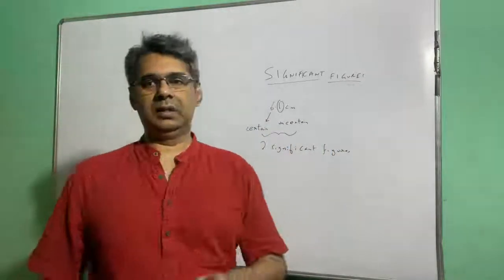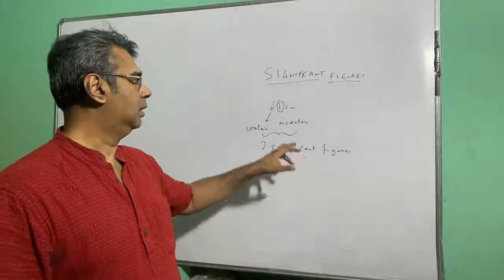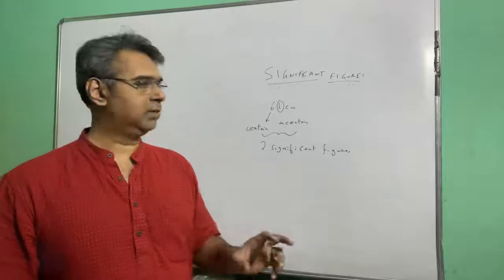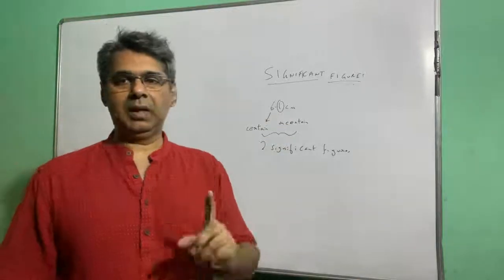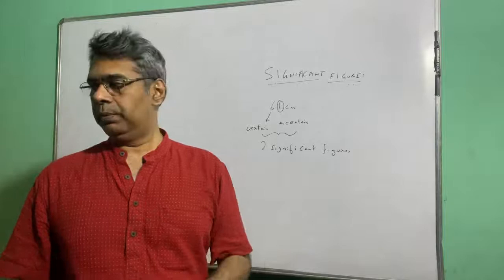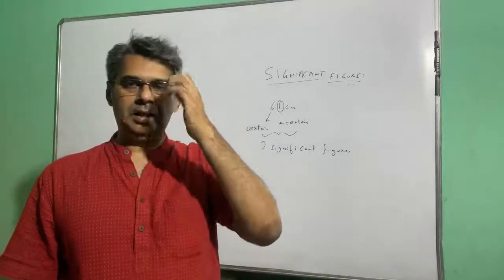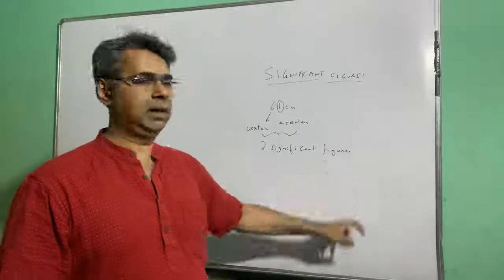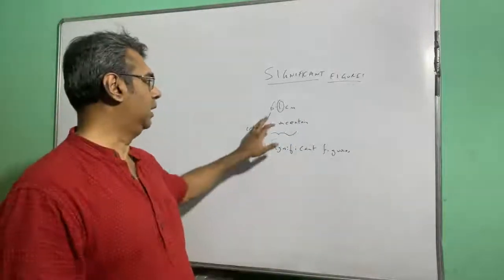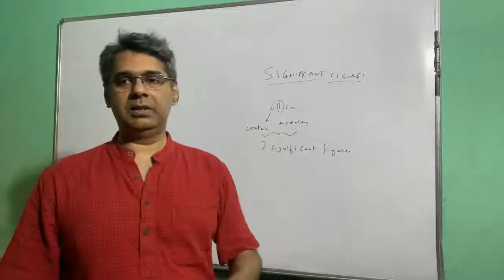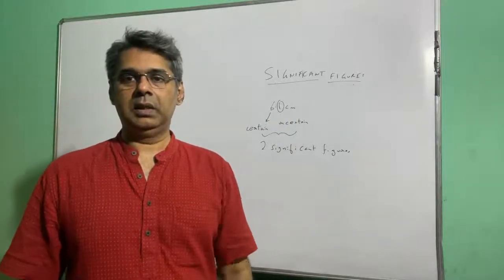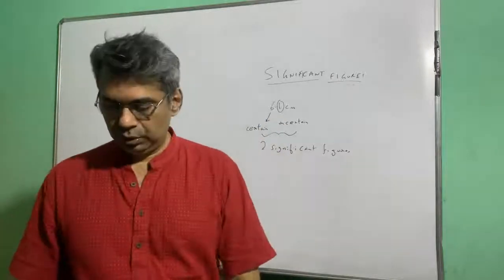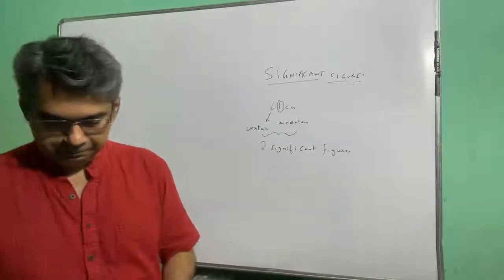So all the certain digits and the one digit which is uncertain, all of them put together, right? They are called significant figures. So if you say 6.1 centimeter, then there are two significant figures. So everything that is certain and the one digit which is uncertain, that whole thing together is called significant figures. So 6.1 centimeter has got two significant figures, right?